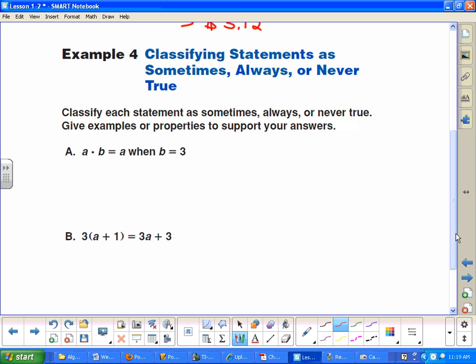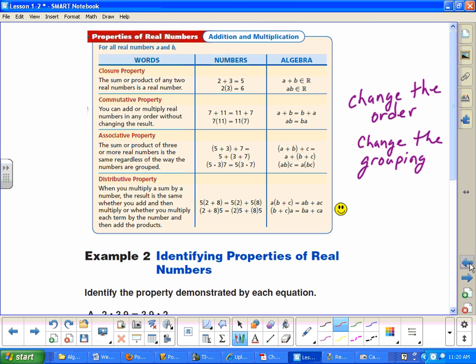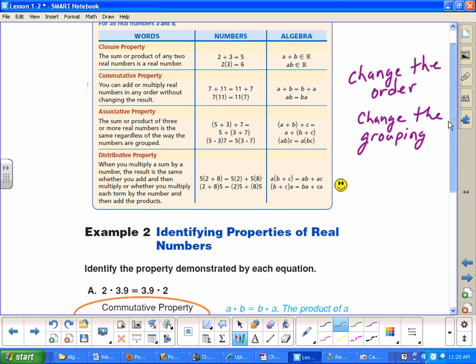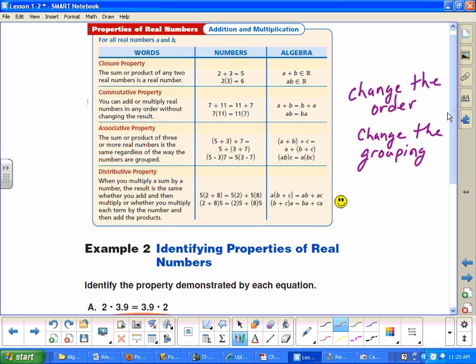Classifying statements as always, sometimes, or never true. So here we're going to look at some statements, and we want to know whether these are true or not: sometimes, always, or never. First of all, are one of the properties satisfied? Does it meet one of these properties, commutative, associative, and distributive? If it does, then what?